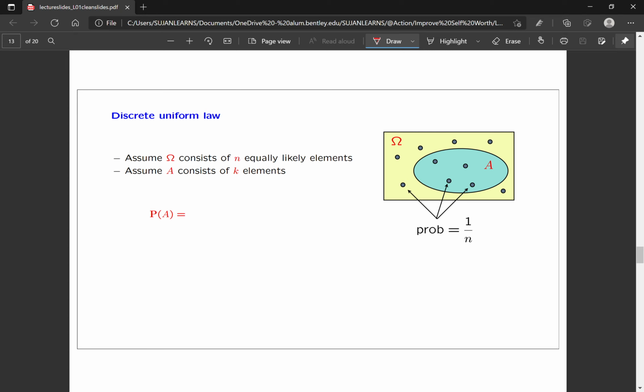Therefore, the probability of omega is equal to n times 1 by n, because each of them is equally likely. Now we'll take a subset of this sample space called event A, and this has k elements.